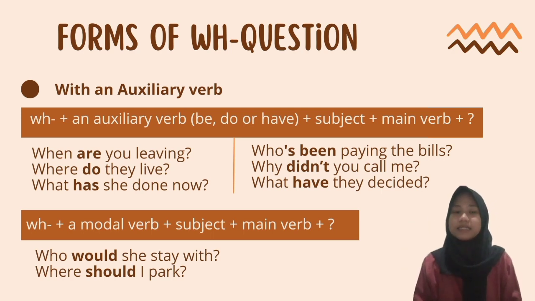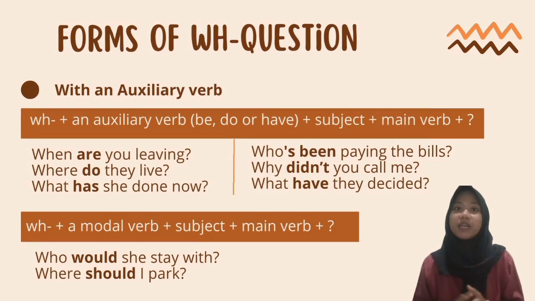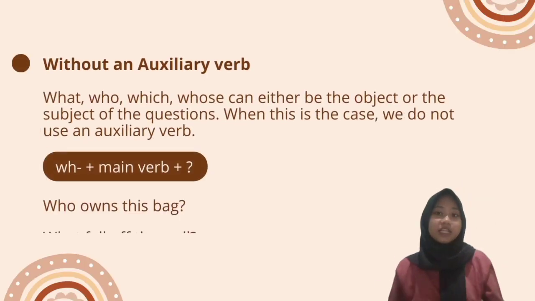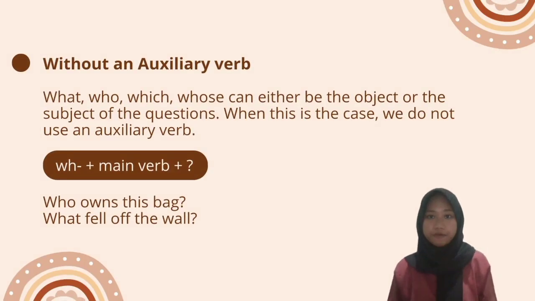The pattern is WH question plus a modal verb plus subject plus main verb plus question mark. Example, who would she stay with? Who is a WH question, would is a modal verb, she is the subject, stay with is the main verb, and question mark.